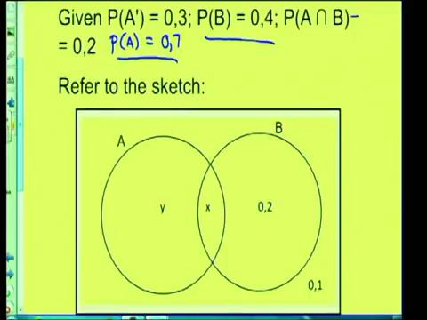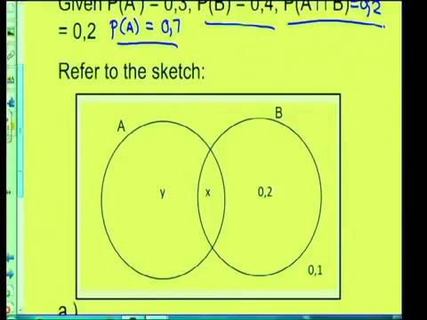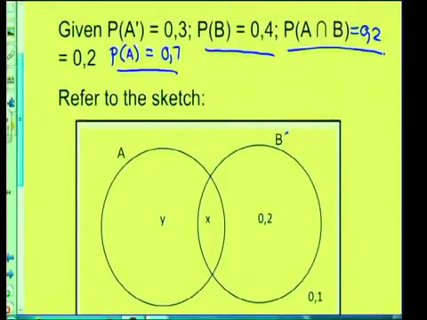So I'm going to work with this one, and this one is 0,2. I'm going to write it alongside. It's just easier to refer to. Now it says refer to the sketch. There's my sketch. Well, they've told me that the probability of B is 0,4. The probability of A is 0,7 we've worked out.